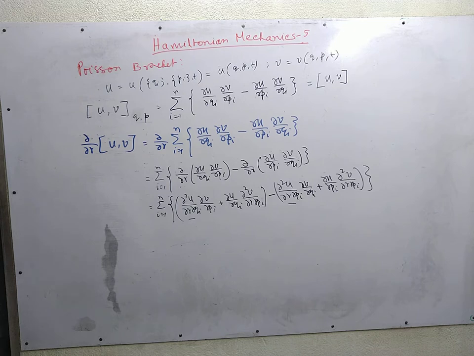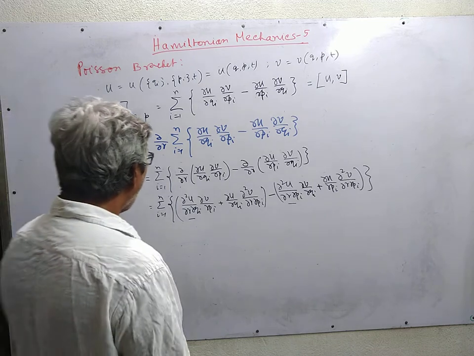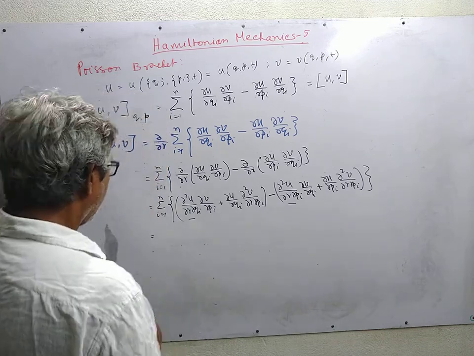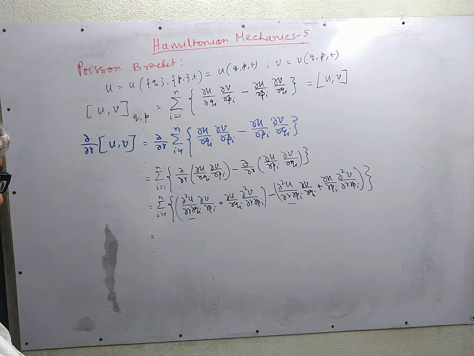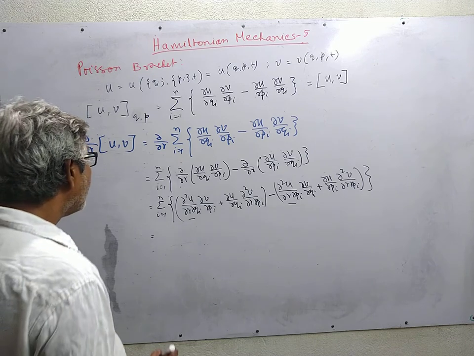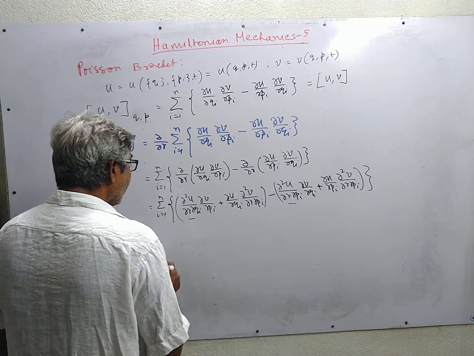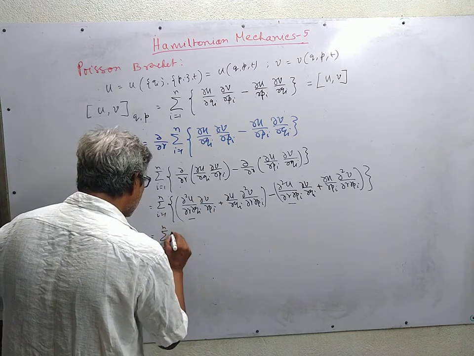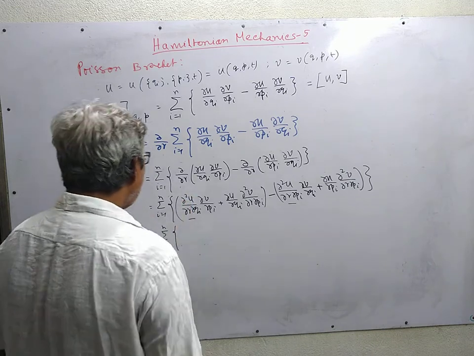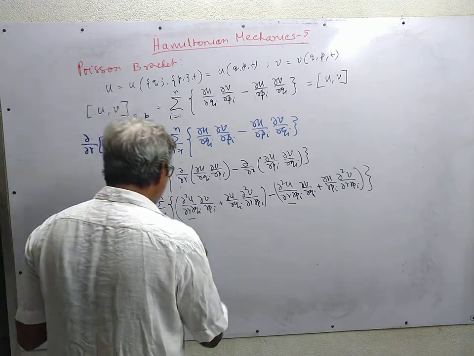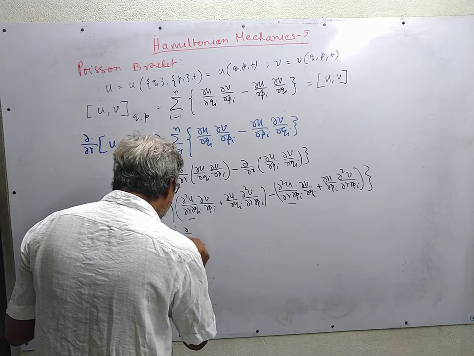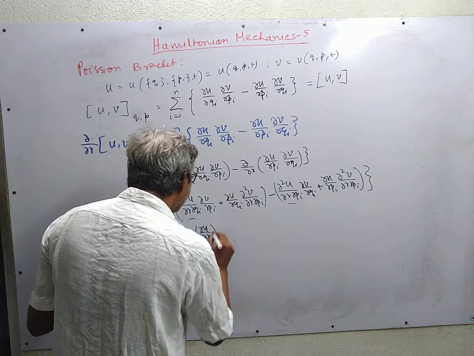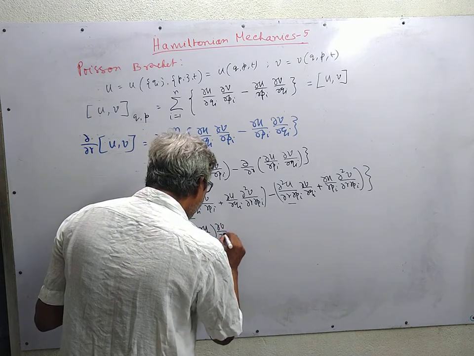continuous second order partial derivatives, so the ordering may be interchanged. Ordering of differentiation may be interchanged. So that we write this as summation over i equal to 1 to n. For this term we write del del Qi, del U del R, del V del Pi.